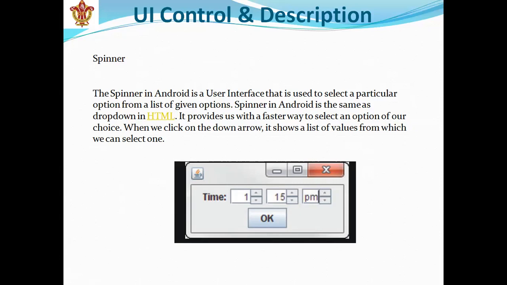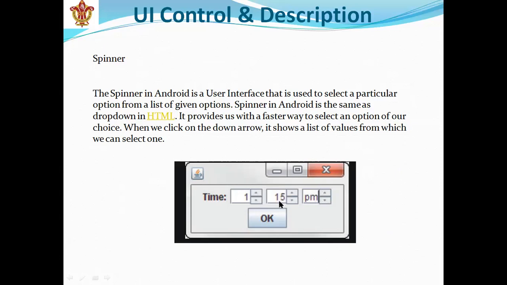We can understand this easily with this picture or example. You can see in the example there is the time, 1:15 p.m. Below here is the button of OK. We can select 1 or 2 here by these drop-down arrows.